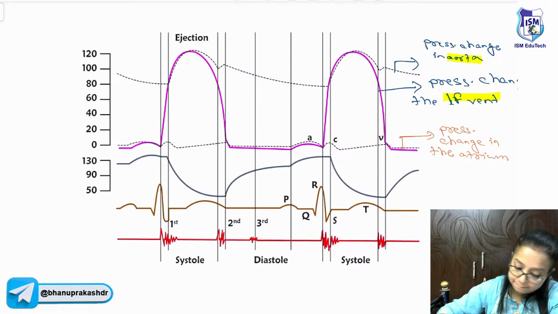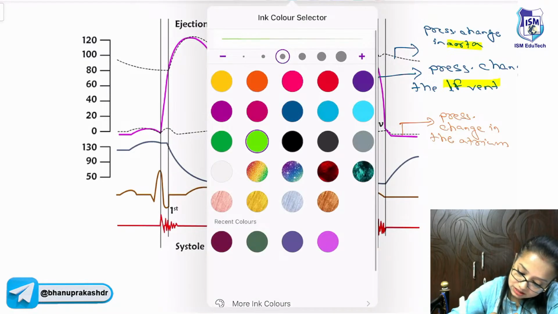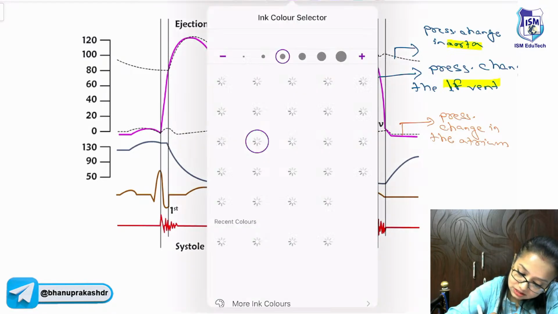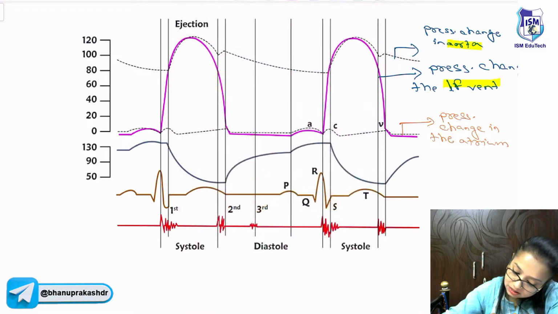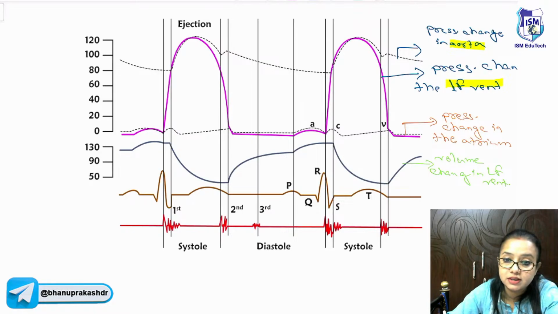And then this dark blue line that is down, this is not pressure, it is actually the volume change in the left ventricle again. Volume change in the left ventricle.